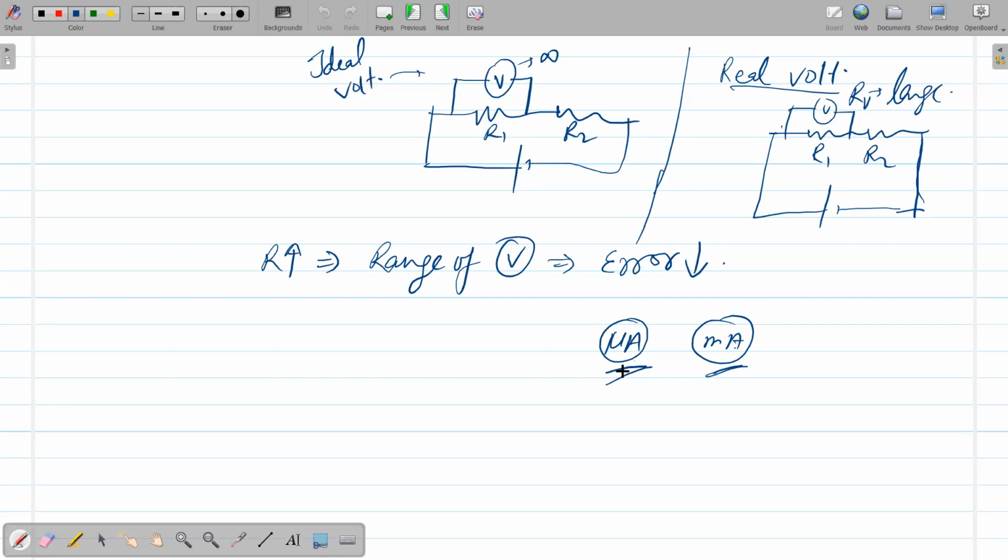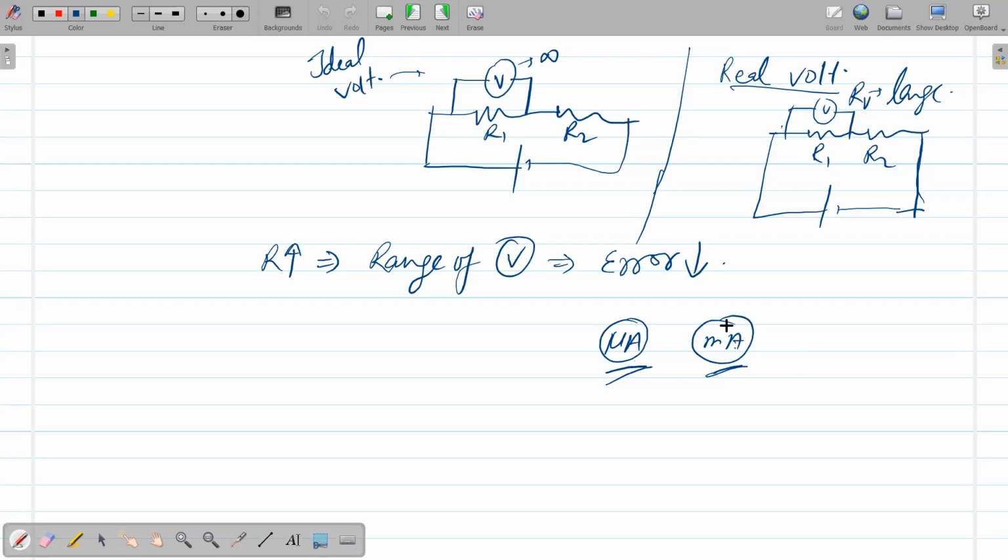Higher range is for milli, absolutely. So smaller resistance will be for milli, yes, milliammeter. Clear, no? So those who are saying micro, those are incorrect.